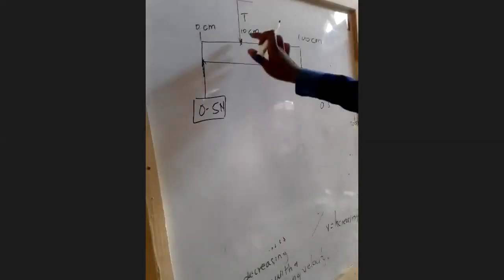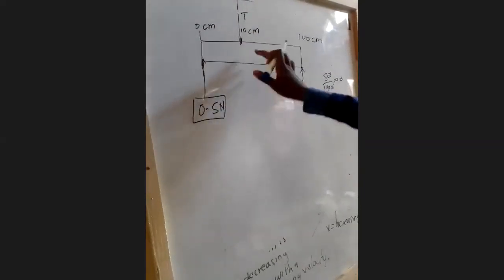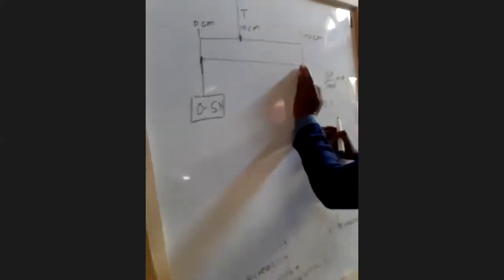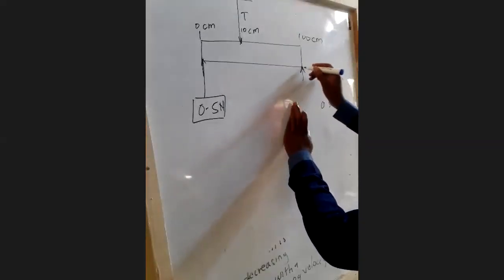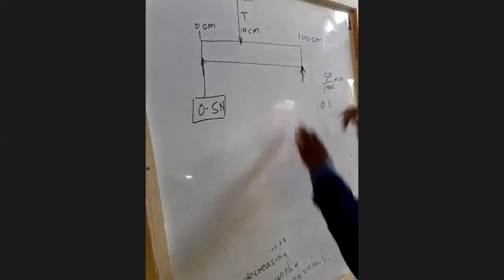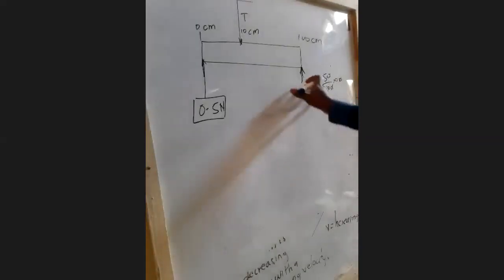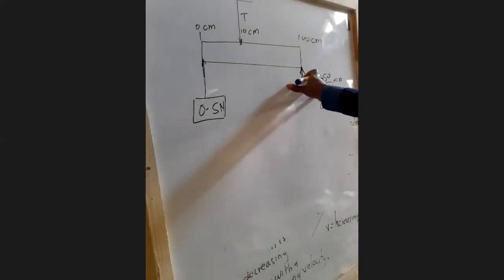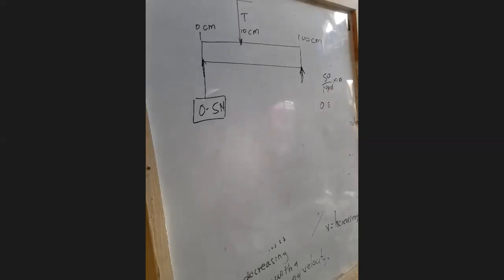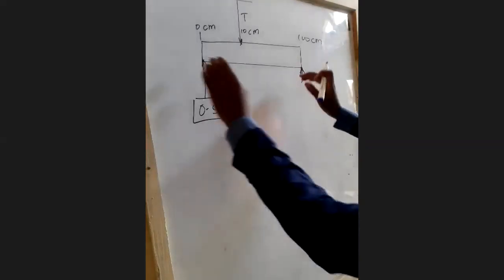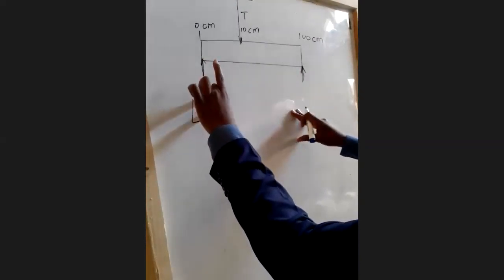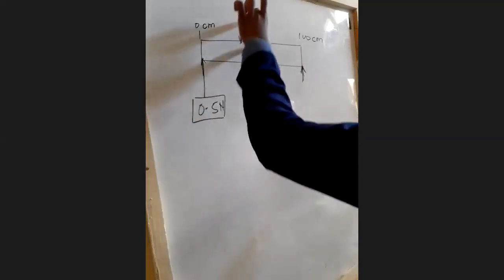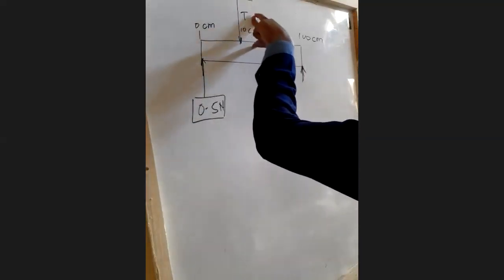Because I have only 2 forces, I'll have to take my moments about this end point here. If I take my moment at that point, I'm going to have my force here, and also the tension acting there.